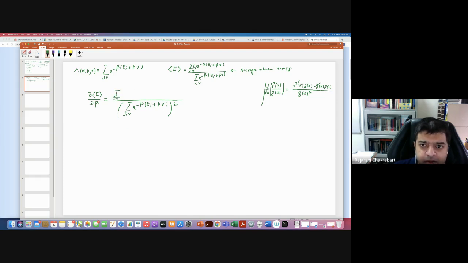I had E_J, but with beta, this function will be there, but E_J plus PV will come down, isn't it? Is this clear? Yes, sir. But anyway, I have made a mistake because I should not calculate average internal energy, rather I should calculate average enthalpy here. That is more appropriate. So I should calculate average enthalpy, and this is going to be E_J plus PV into this, isn't it? Average enthalpy you should calculate in this case.